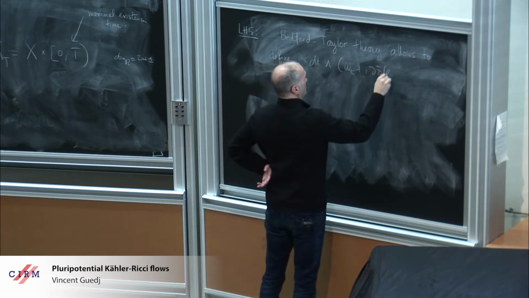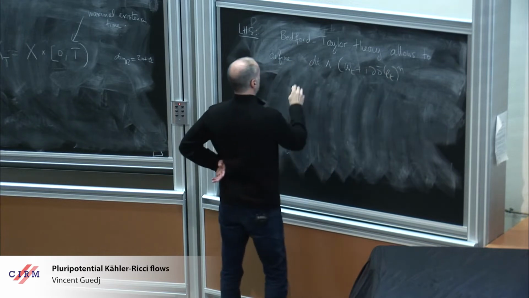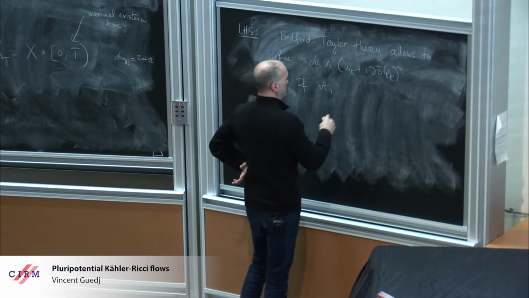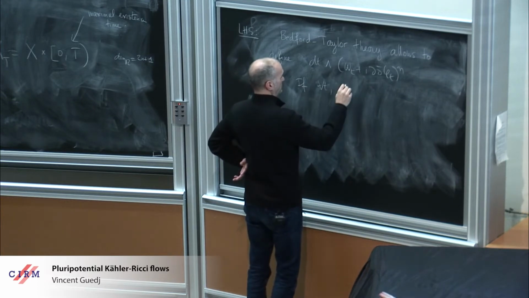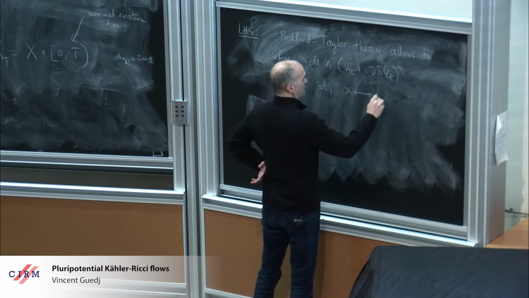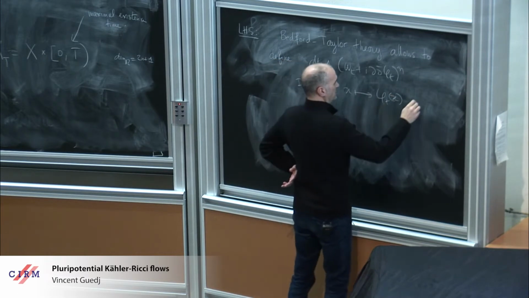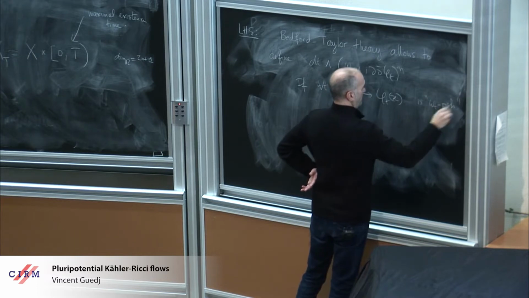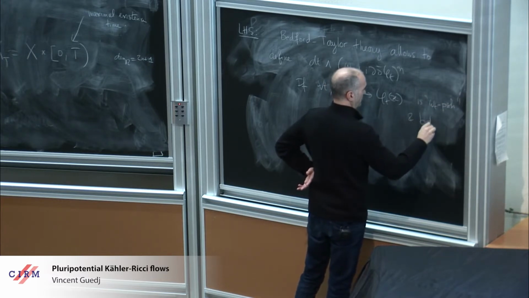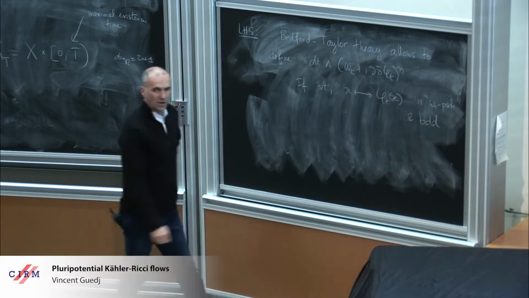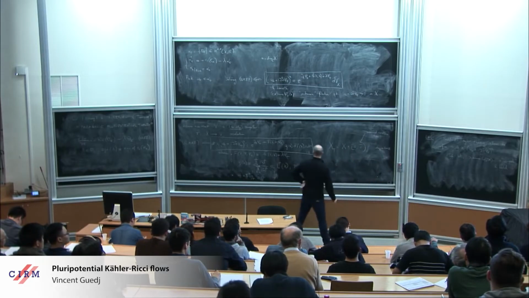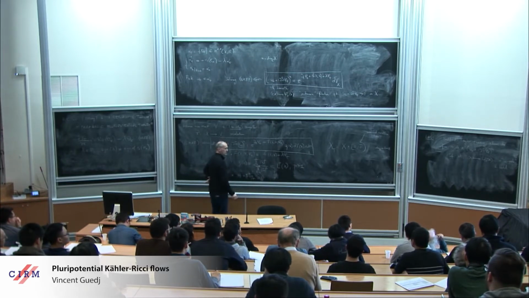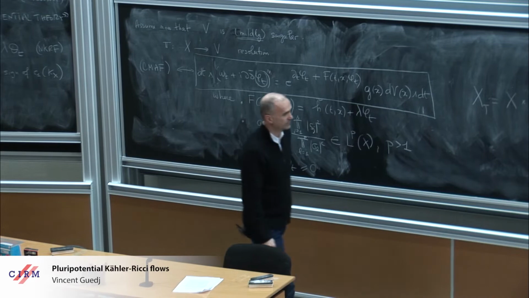As soon as, say, for all t, the map x goes to phi t of x is omega t plurisubharmonic and bounded. So I will assume that my objects here are locally bounded.